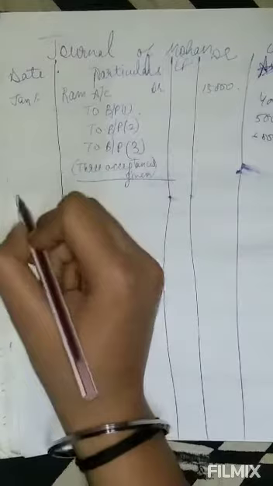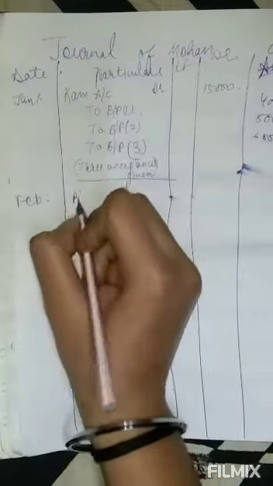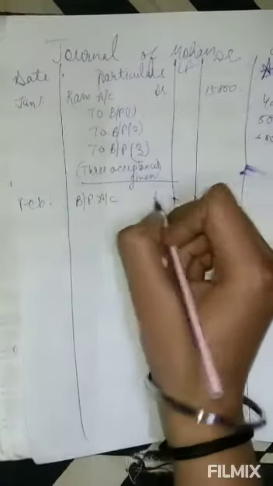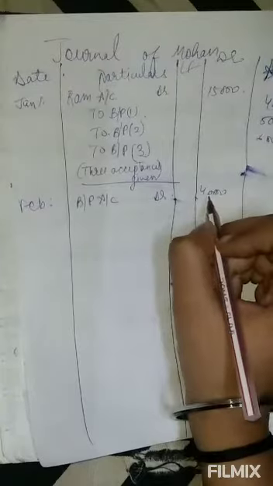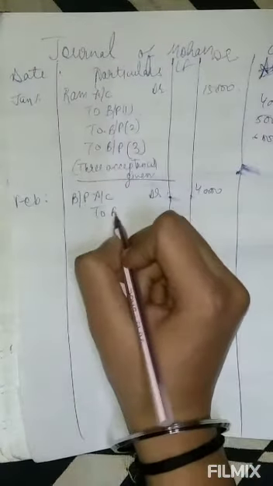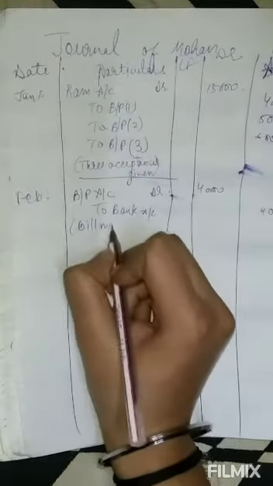Then on Feb 4, the BP will be cancelled out. BP account debit, he has given the amount on maturity, that is of 4,000 to bank account. This is bill met on maturity.